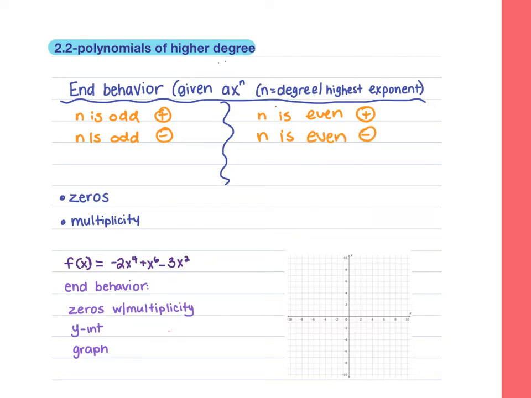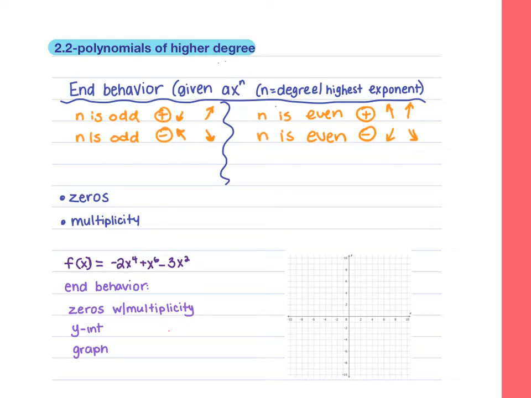So if it's odd and positive, then it falls left, rises right. If it's odd and negative, it rises left, falls right. If it's even and positive, both point up. And if it's even and negative, both point down. So you will get a question that simply asks you for your end behavior. Just make sure you know how to do it.